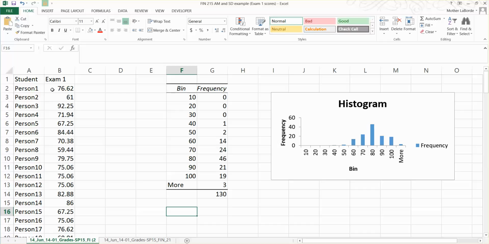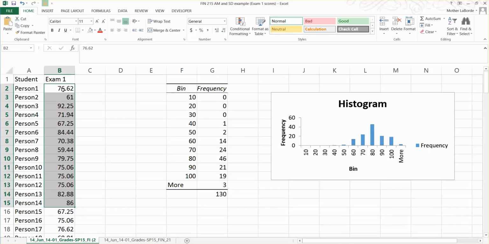So what I did is I went back over the past year and I pulled my students' exam scores for the first test in Finance 216, and I have had 130 students take exam 1 last year. To keep everyone anonymous, I just called them person 1 through person 130, but here are their scores after the curve.